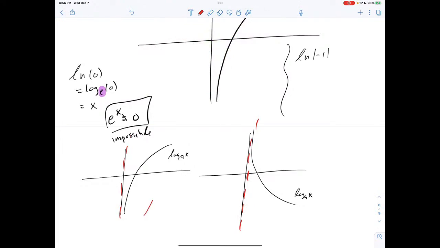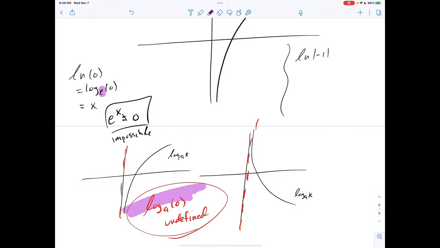And like on our quiz, this is always undefined. You can never have your logarithm acting on 0 as an input, or any negative number as well.